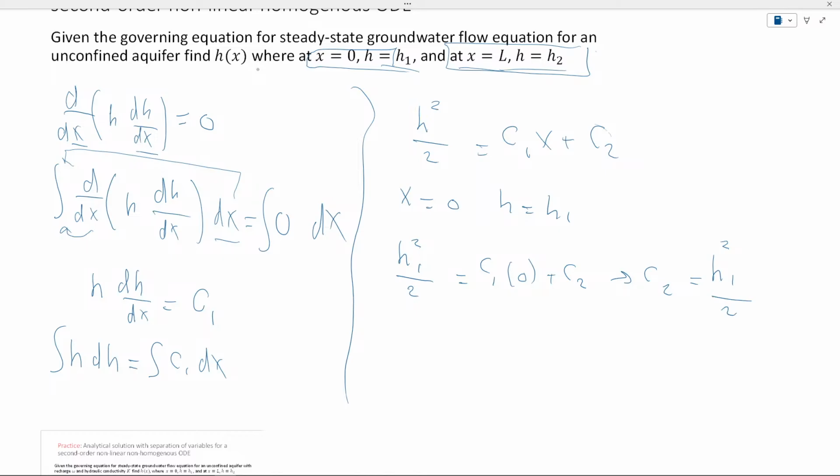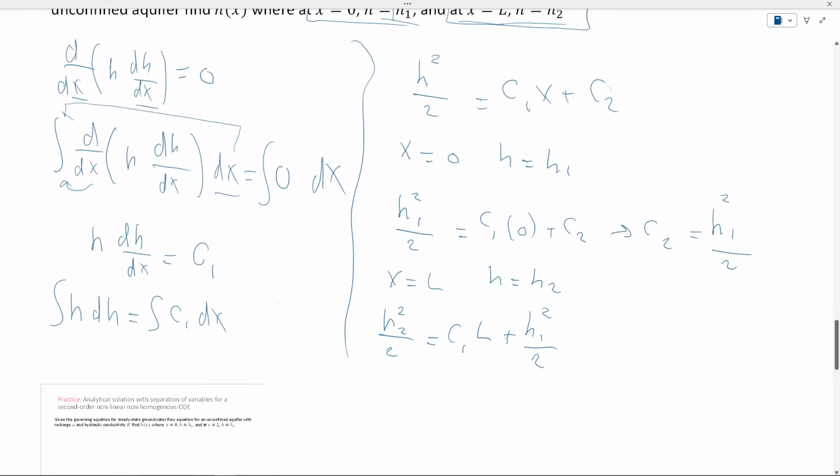Do I have another boundary condition? Yes, I have at x equal to L, h is equal to h2. So can I substitute this? Yes, so I have h2 squared over 2, that's c1 times L plus c2, and what is c2 here? That is h1 squared over 2.